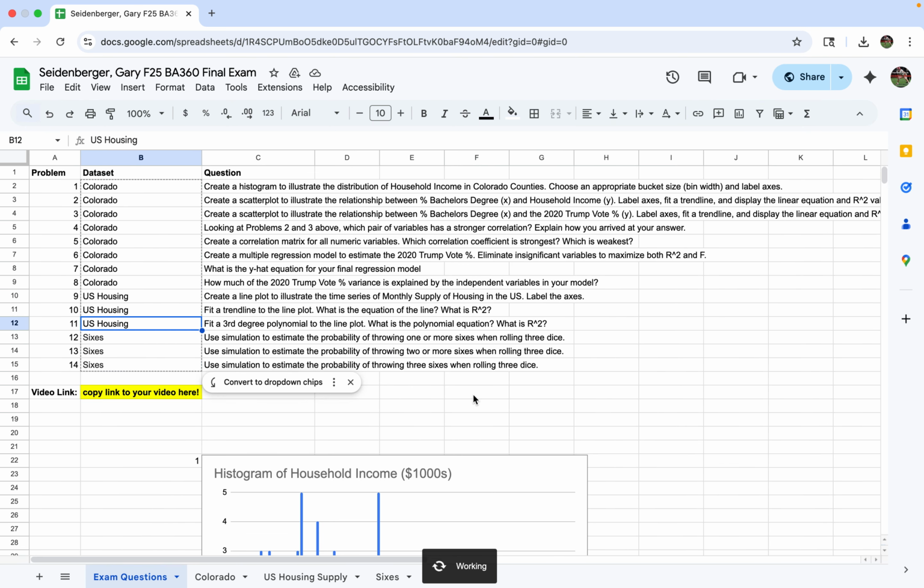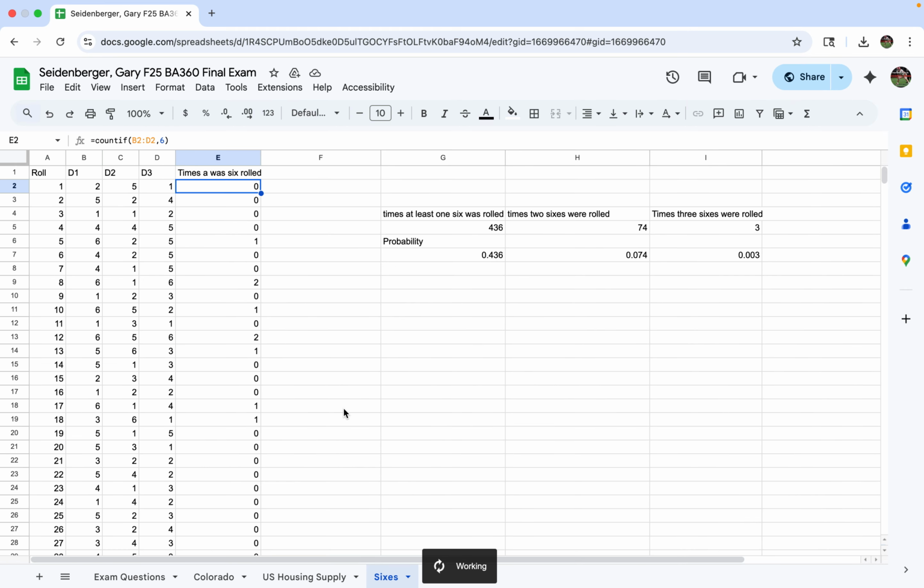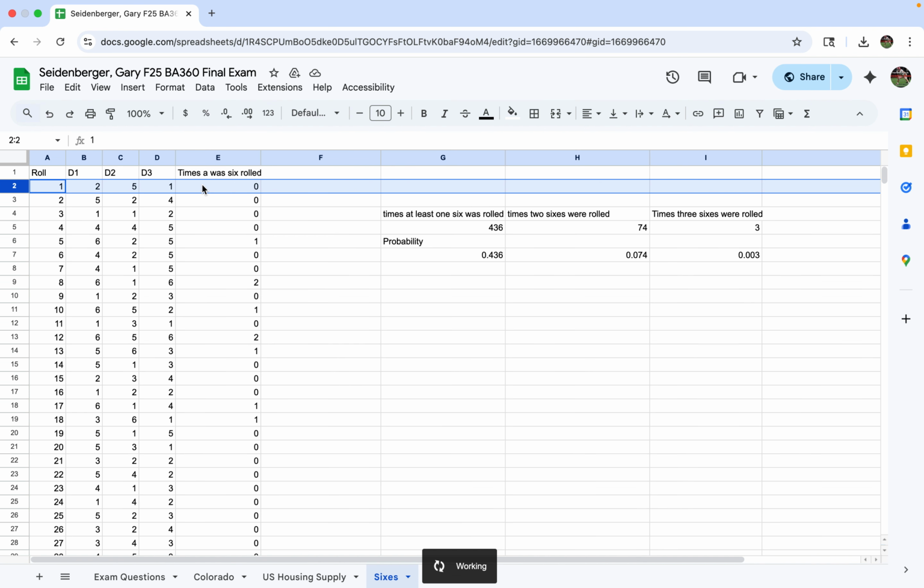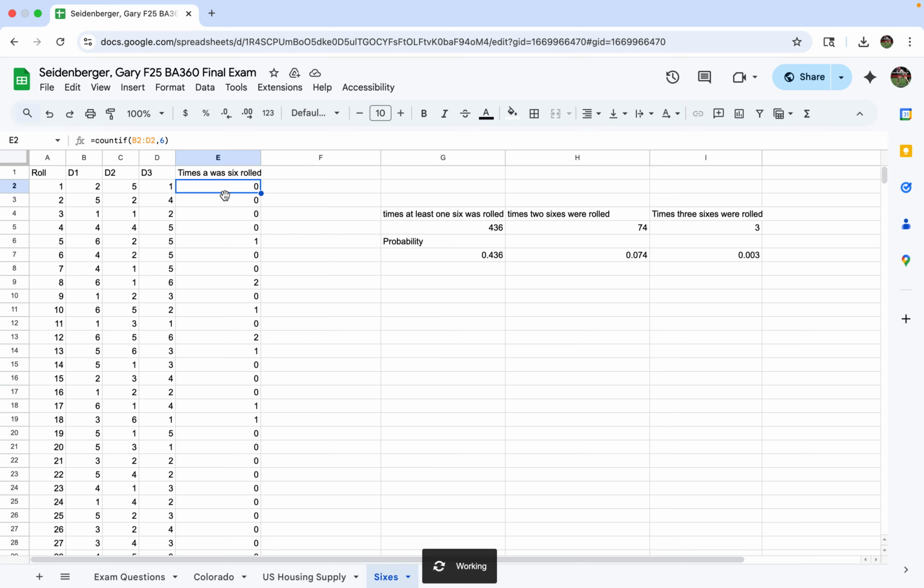And then for questions 12 through 14, right here on the 6's sheet, I added a column which counted the number of times a 6 was rolled in each of the trials. I used the COUNTIF function just to count the number of times a 6 was rolled from each roll.